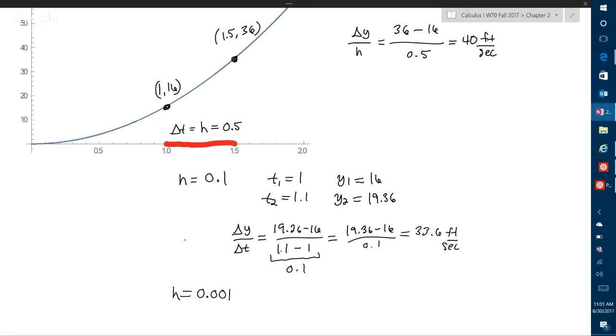Just make sure you're on the right track. Your T1 should be 1, because that's what the problem asked for. What should your T2 be? 1.001.